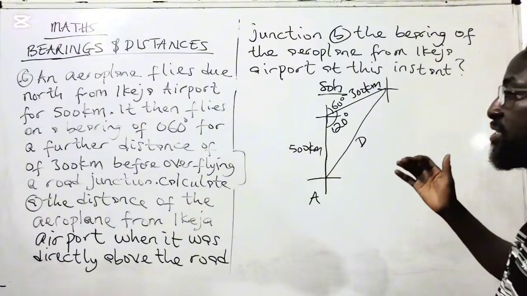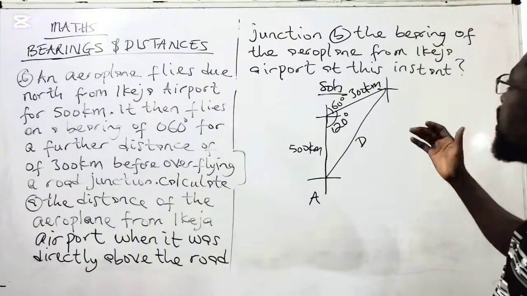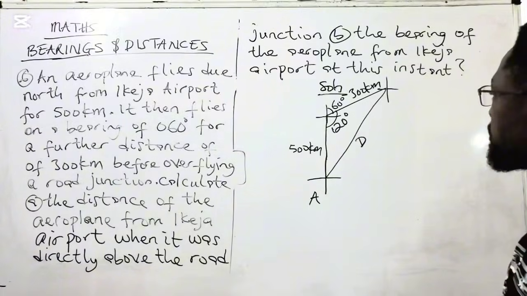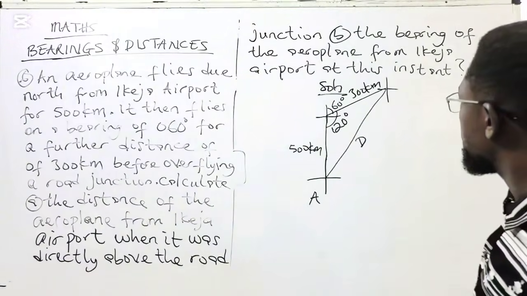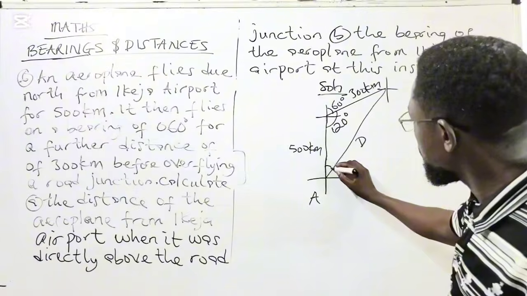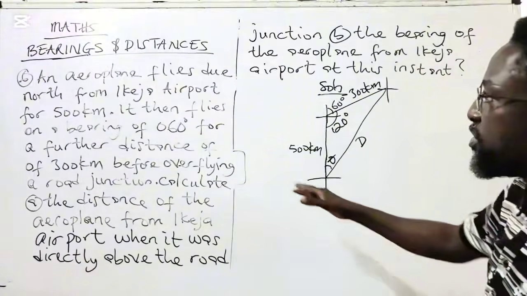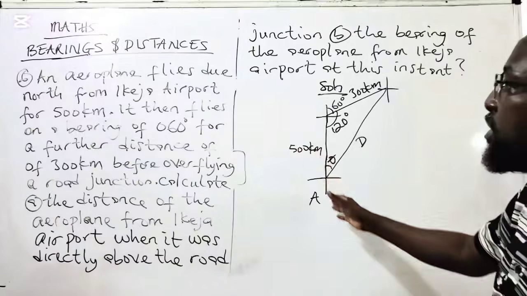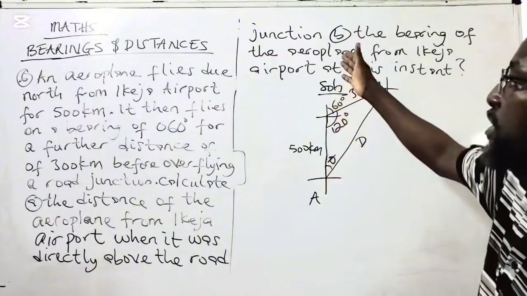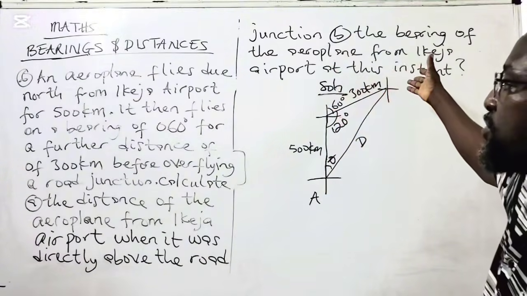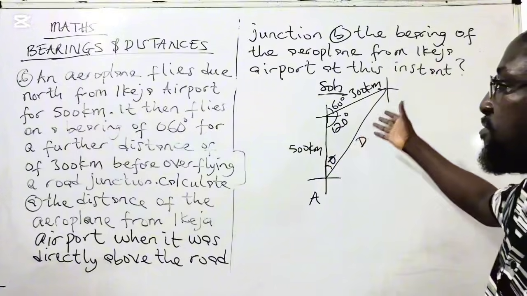The next thing is the bearing of the airplane from Ikeja Airport. The bearing of the airplane from Ikeja Airport is talking about this angle here. If you look directly north, it flies due north from Ikeja Airport. It then flies on the bearing for a further distance of 300 kilometers before overflying the road junction.